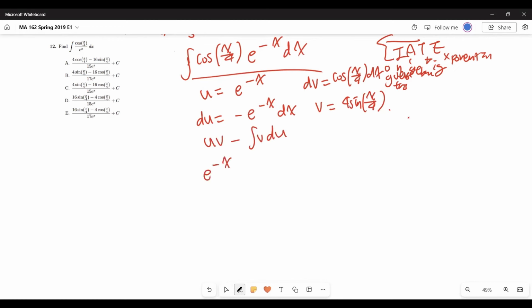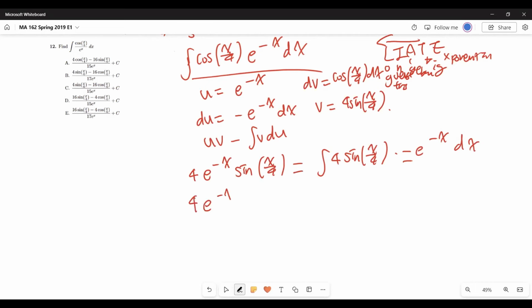E to the negative x, 4 sine x over 4, minus the integral of 4 sine x over 4, and then minus e to negative x dx. Since we both have negative signs, we can write it as 4 e to negative x sine x over 4 plus the integral of 4 sine x over 4 e to negative x dx.